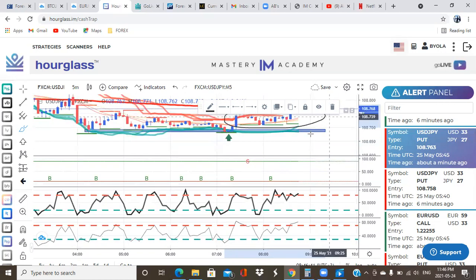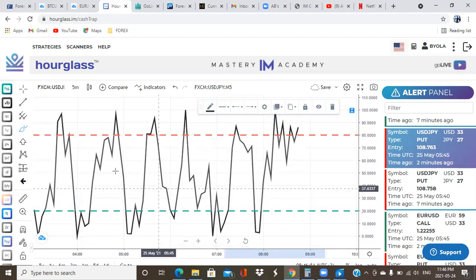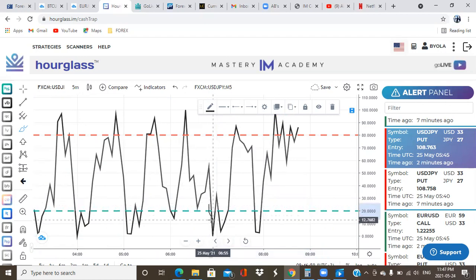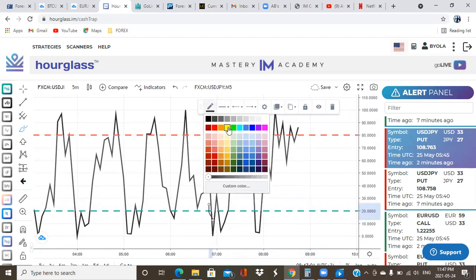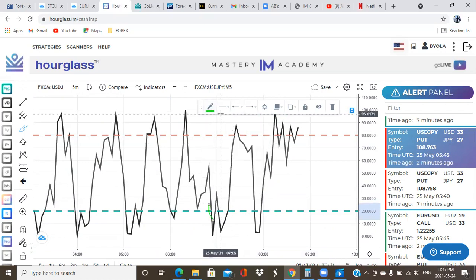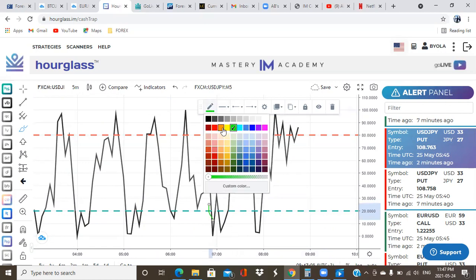Because sometimes your stochastic and your RSI may not have given you the cross down, cross up. What I mean by the cross down, cross up is the trade coming down. Let me change this color here so you can see it. Let me use yellow.